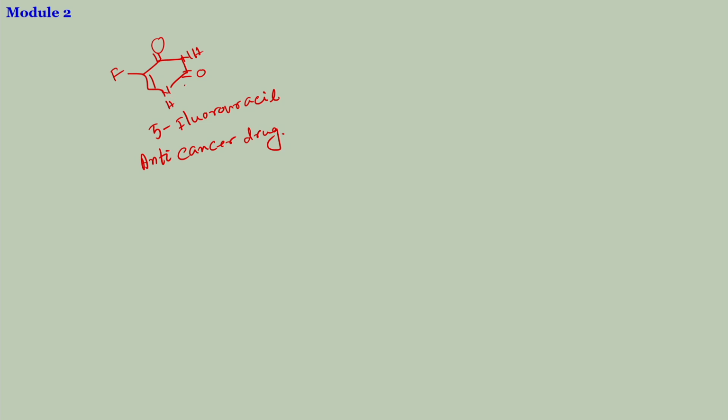Here you can see that this is a pyrimidine nucleobase with a fluorine atom attached here, where the CH3 was for thymine, or where there was a hydrogen atom for uracil. And of course, this is not a natural product, it is not available naturally, you have to synthesize it.